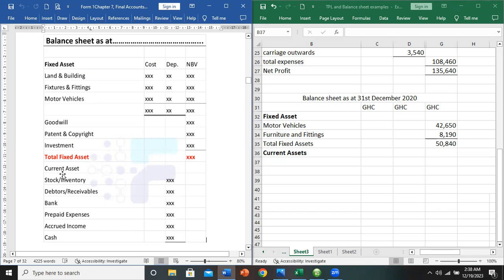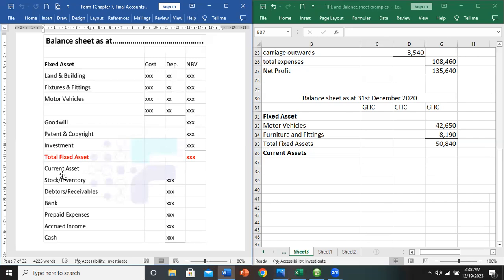It's normally stock, debtors, prepaid expense, accrued income, then bank and cash. We arrange them in that order to reflect the fact that some of them are more liquid. And I'm going to explain further what I'm saying.